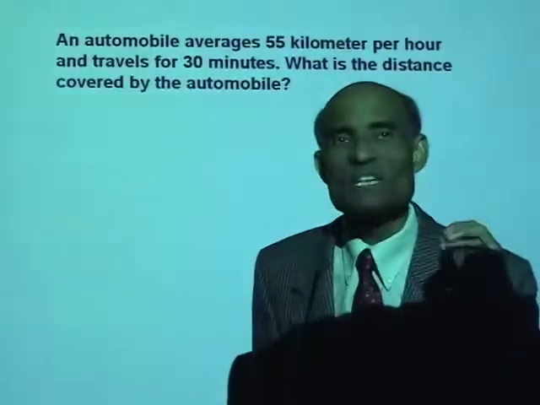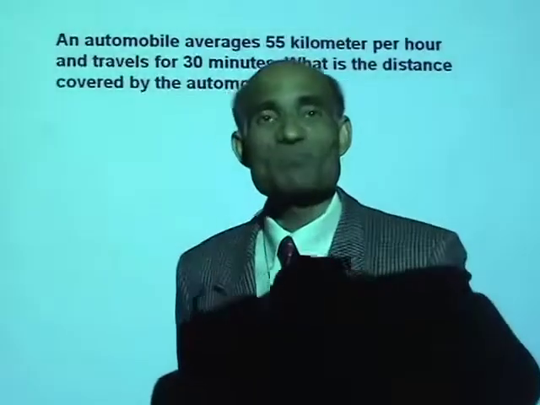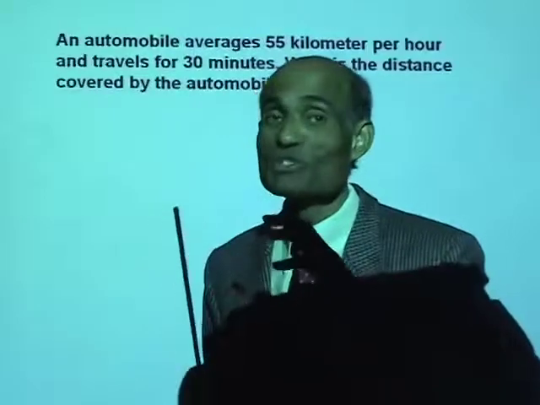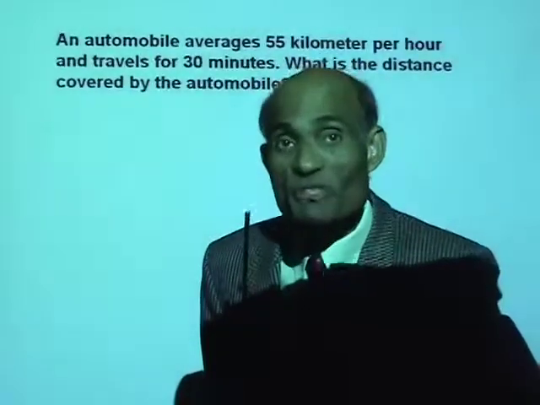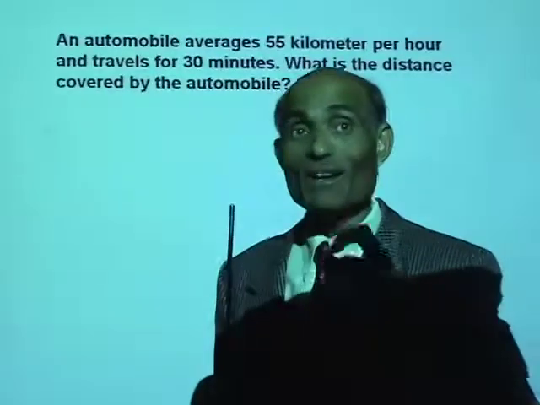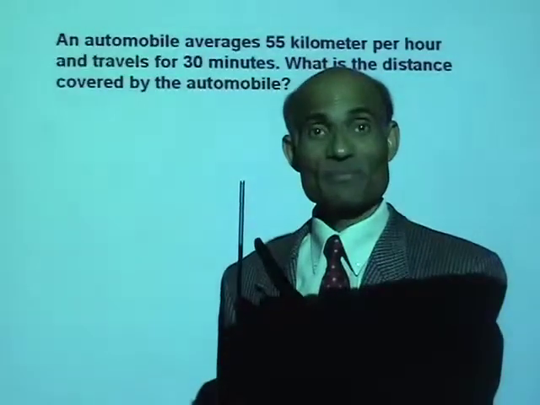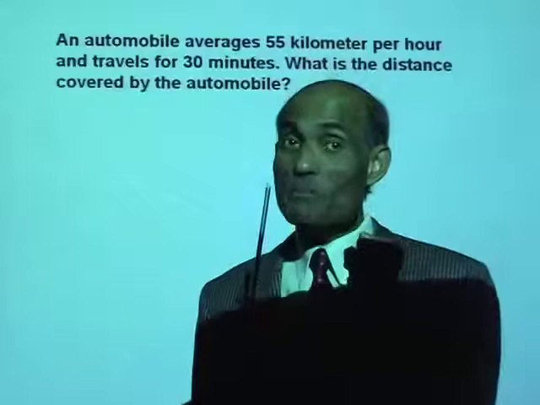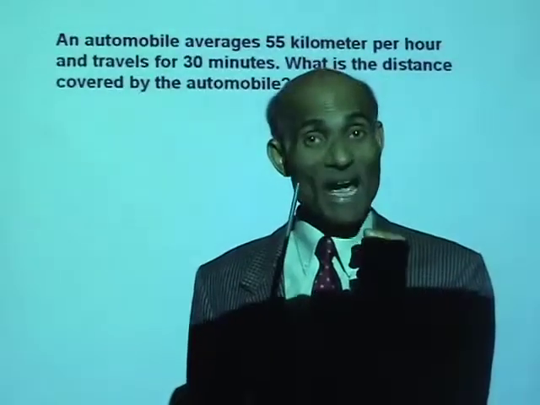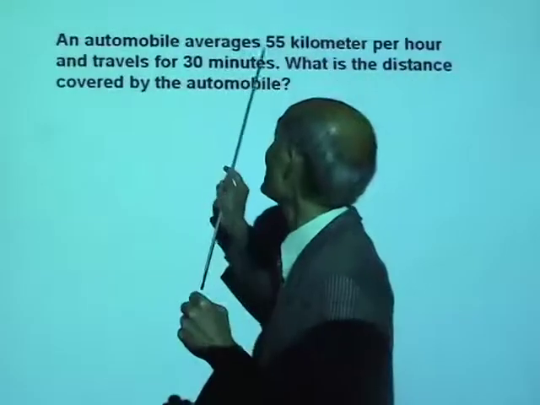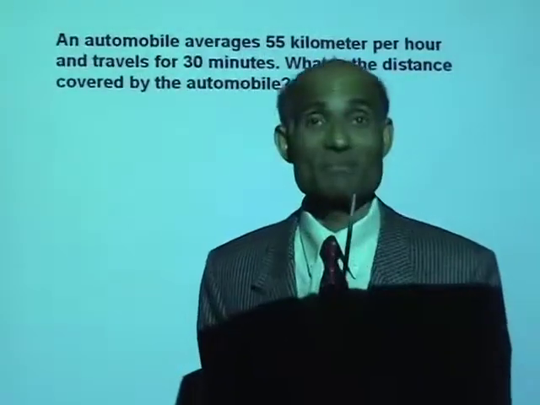Average speed is 55 kilometers per hour. It means the car will cover a distance of 55 kilometers in 1 hour. And therefore, 30 minutes is only half an hour. The distance covered in half an hour will certainly be less than 55.